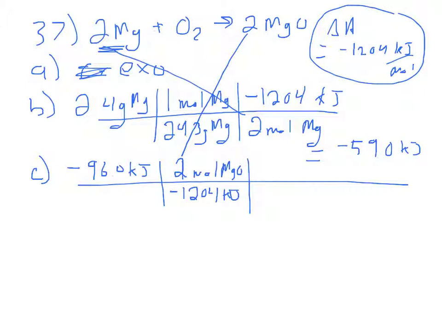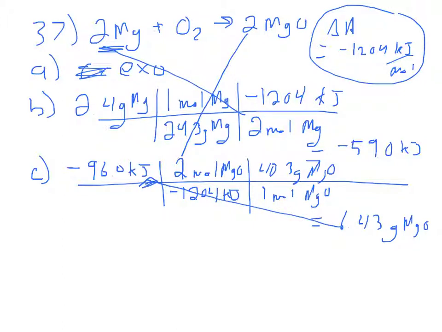Okay, and now we just use our molar mass proportion. 1 mole of MgO equals the molar mass, which is 40.3 grams of MgO, and that equals 6.43 grams of MgO. We need 6.43 grams to produce that heat.